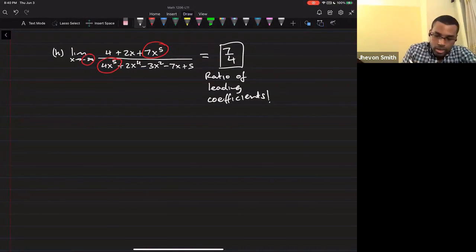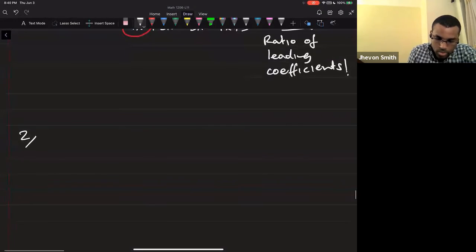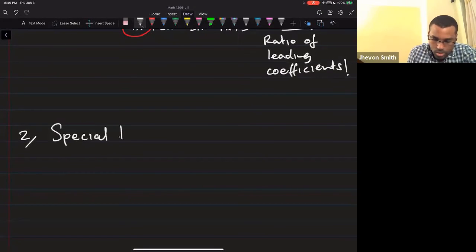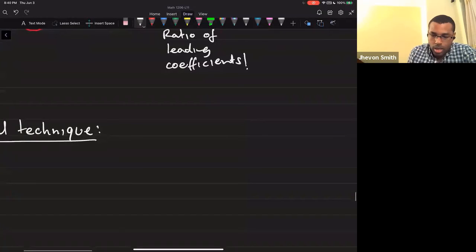Here's another technique. It's called the Squeeze Theorem.